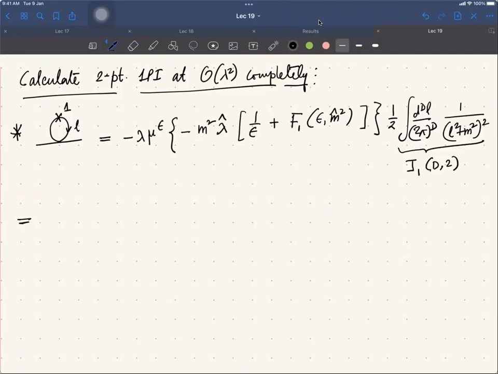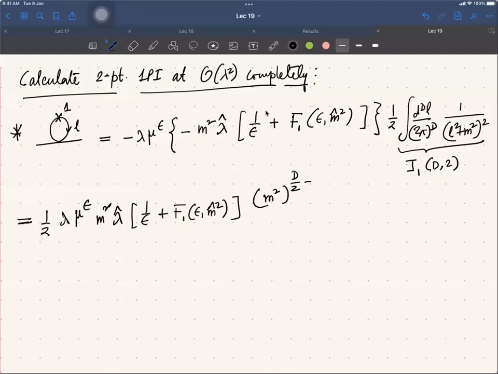So what we have is half times lambda mu to the power epsilon times m square lambda hat times (1 over epsilon plus f1) times epsilon n hat square, times the result of I1(d, 2), which is given by m squared to the power d by 2 minus 2 divided by 4 pi to the power d by 2, gamma(2 minus d by 2) divided by gamma(2).